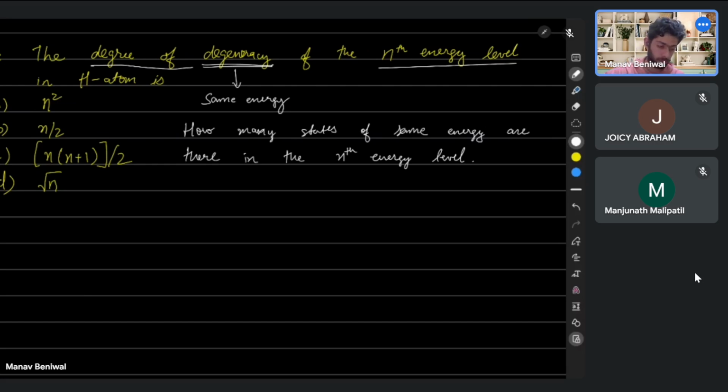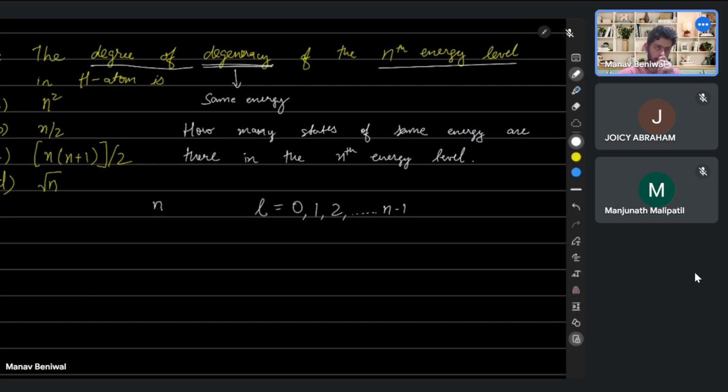Now we know that there are different quantum numbers. So one quantum number which is given to us is n. Correct. Now correspondingly we will have L, right? And L will have values 0, 1, 2, so on, all the way up to n minus 1.